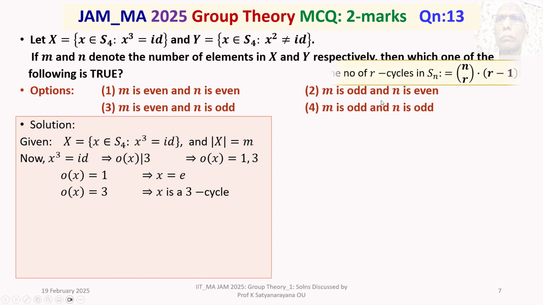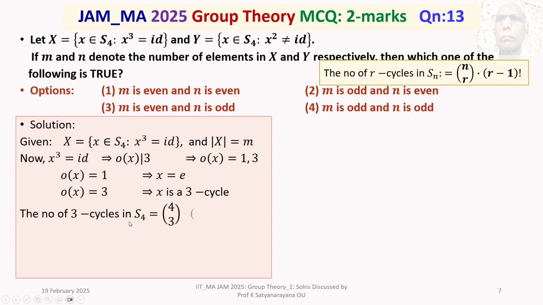So we have a formula: the number of r cycles in Sn is given by nCr multiplied by (r minus 1) factorial. So we want 3 cycles in S4. So it will be 4C3 multiplied by (3 minus 1) factorial.